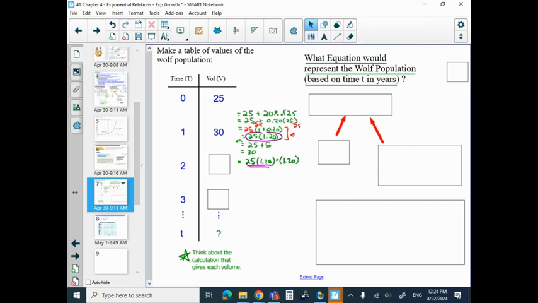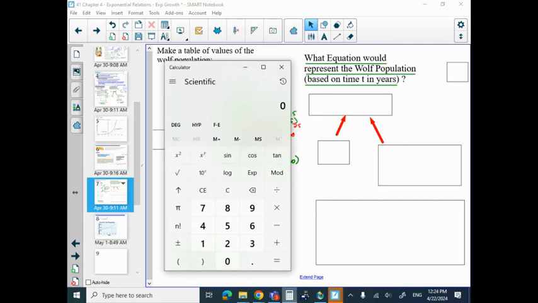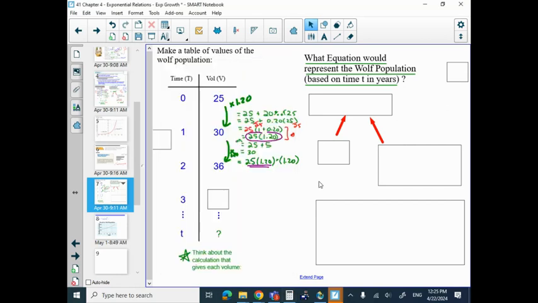Essentially, we now know the process to get from one step to the next is to multiply by 1.20. If you do that again, times 1.20, we get 36. So 25 times 1.20 gave the 30, times another 1.20 gives 36.